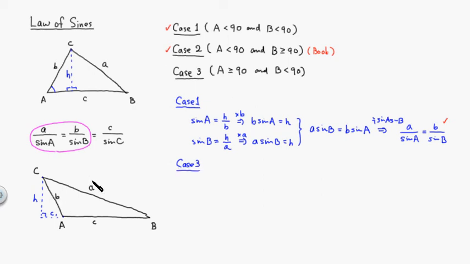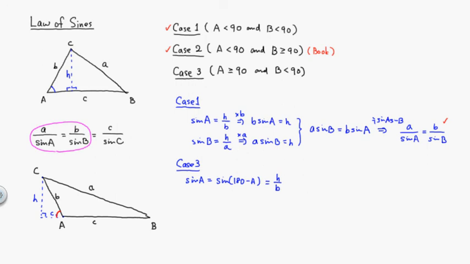If you want to find the sine of A, angle A is too big, so this is defined to be the sine of 180 minus A, which is actually this angle right here. It's going to be opposite over hypotenuse, so this is actually H over b, just like before.